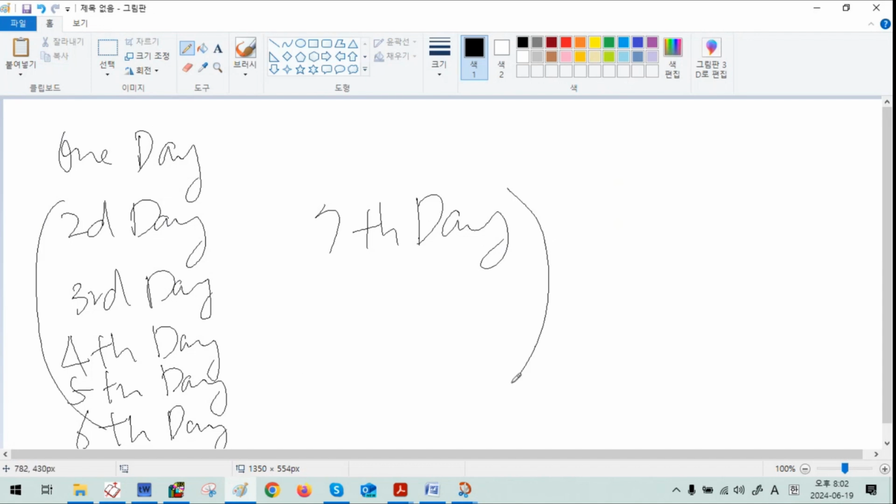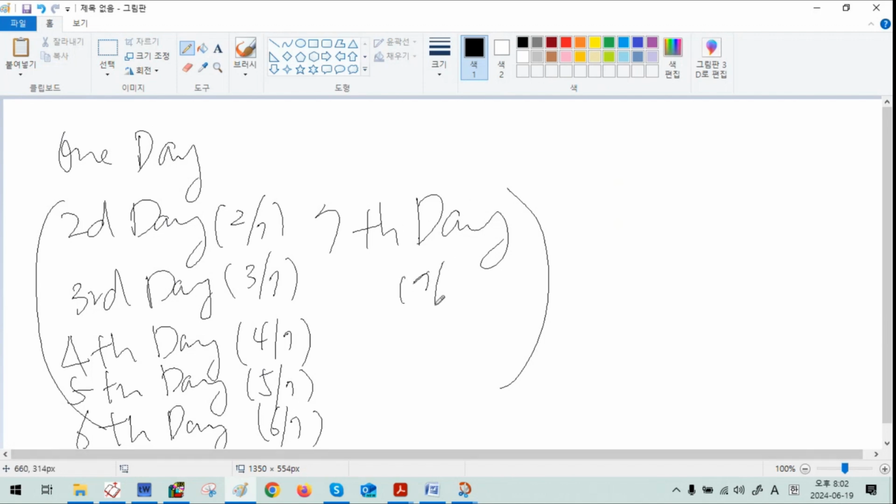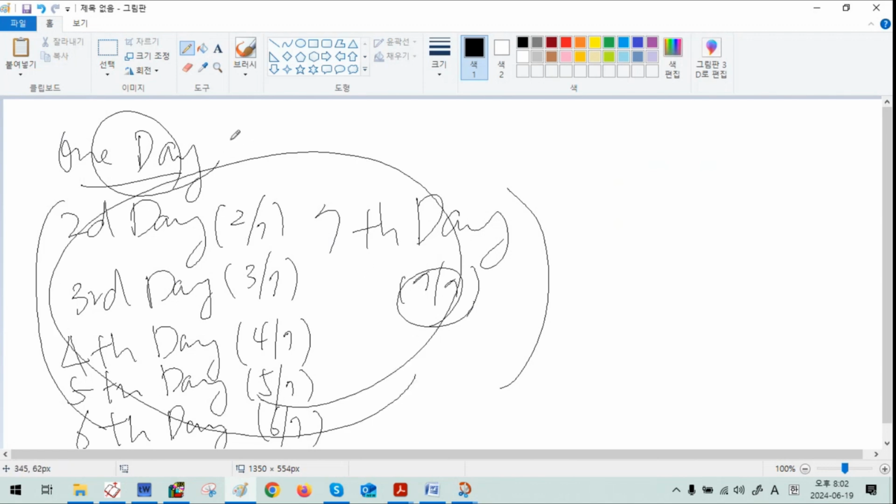Those are all decimal concept, right? This is 2/7, 3/7, 4/7, 5/7, 6/7, and 7/7, right? So 7/7 is the one day. One day is the entire 7 days. So one day is the seventh day. Seventh day is the one day.